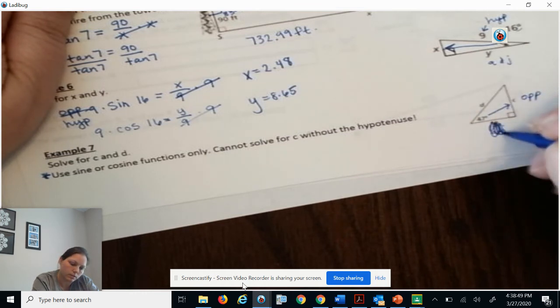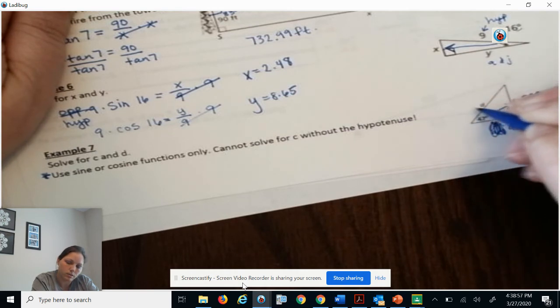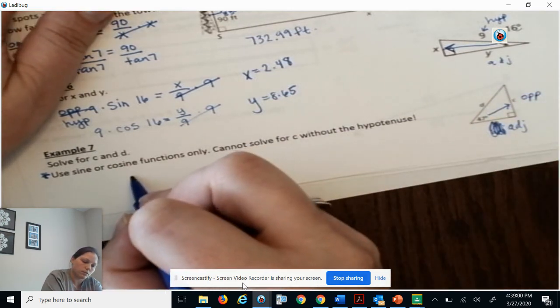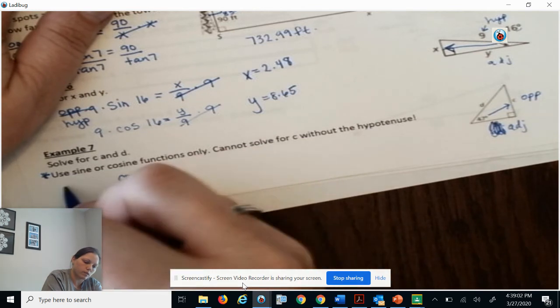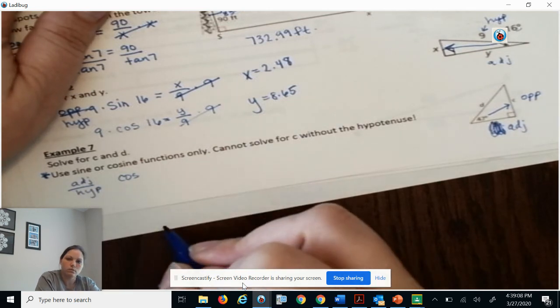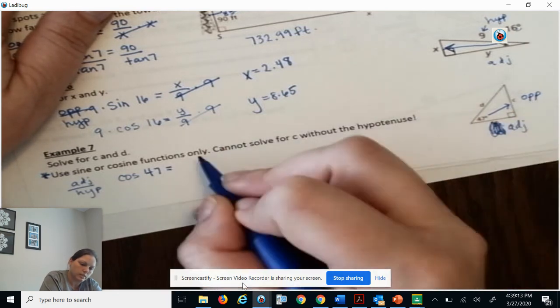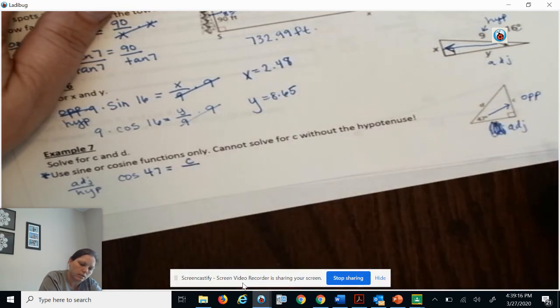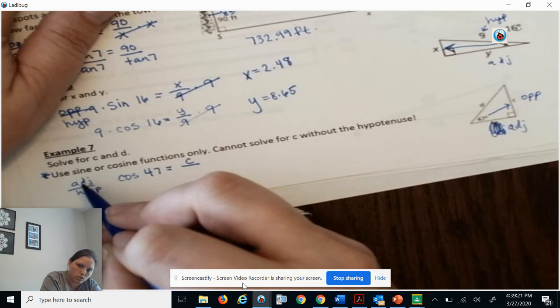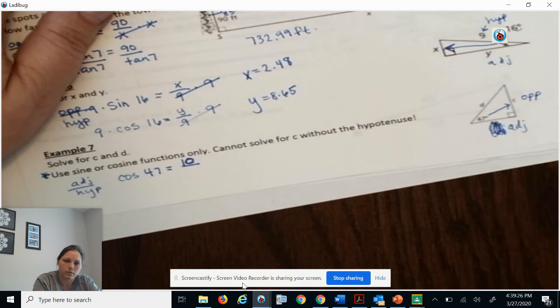That's our adjacent, sorry, I shouldn't have erased that. Our adjacent and our hypotenuse, D. Okay, so cosine is our adjacent over hypotenuse. So we're going to use cosine of 47 equals, sorry, C was adjacent is the 10, not C. My fault there.